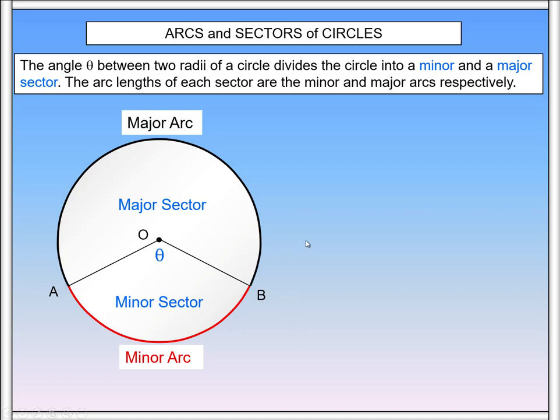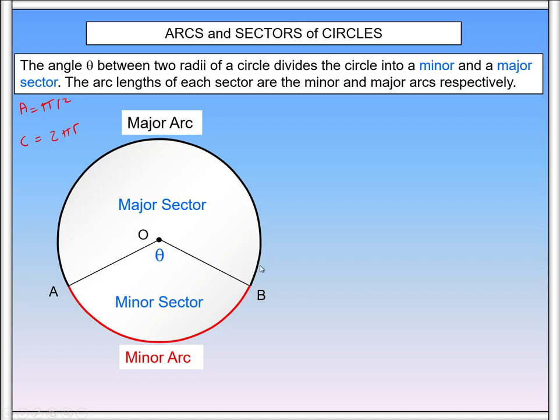Now, area of a circle A is equal to pi r squared, and the circumference, as you recall, is 2 pi r. So we're looking at the minor sector. What we're trying to determine is to calculate first off the length of this arc.